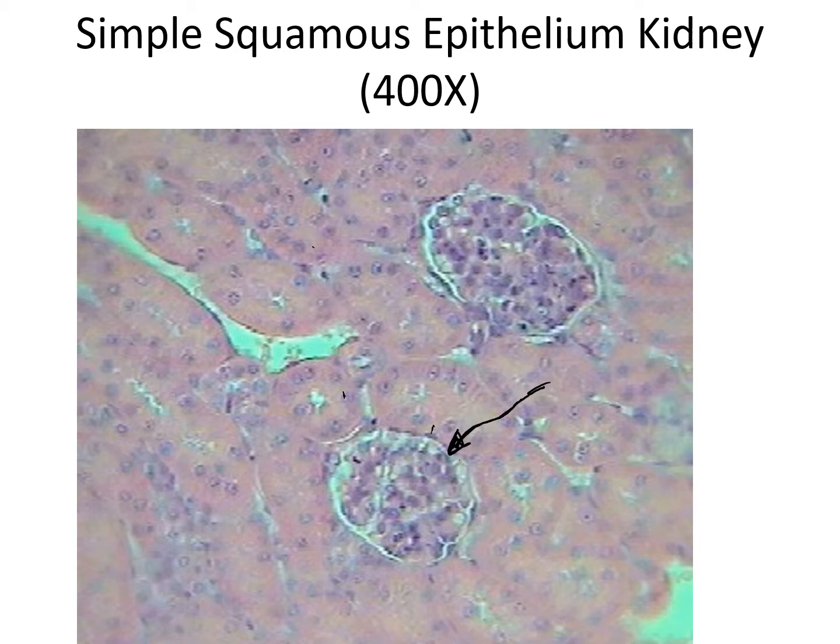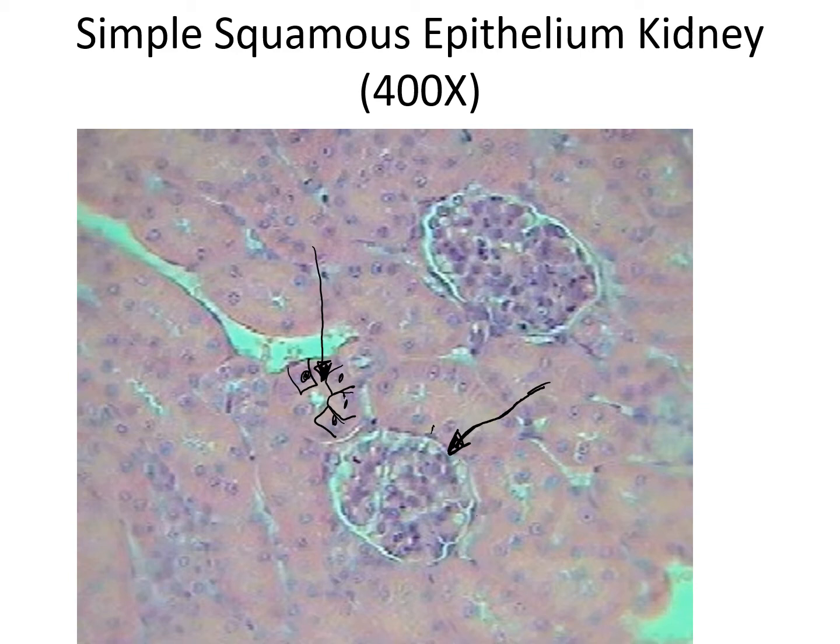However, if the pointer points to this part, then you identify it as a simple cuboidal. See these cuboidal cells? They're way bigger than squamous. Right? And why do we have two different types of epithelium here? Because that's not a tissue, as I said.